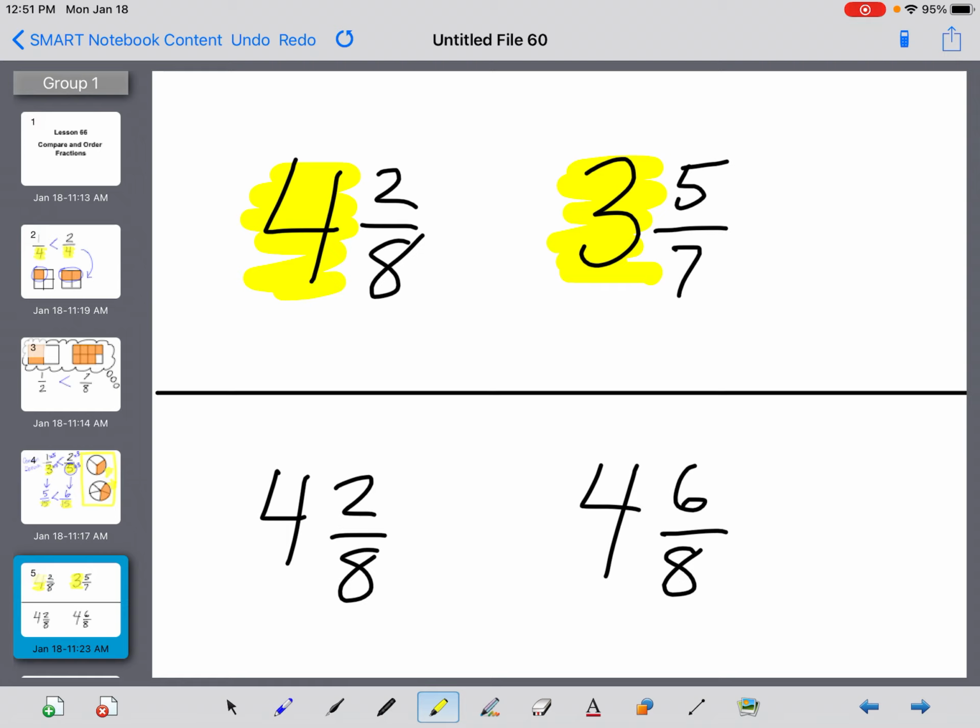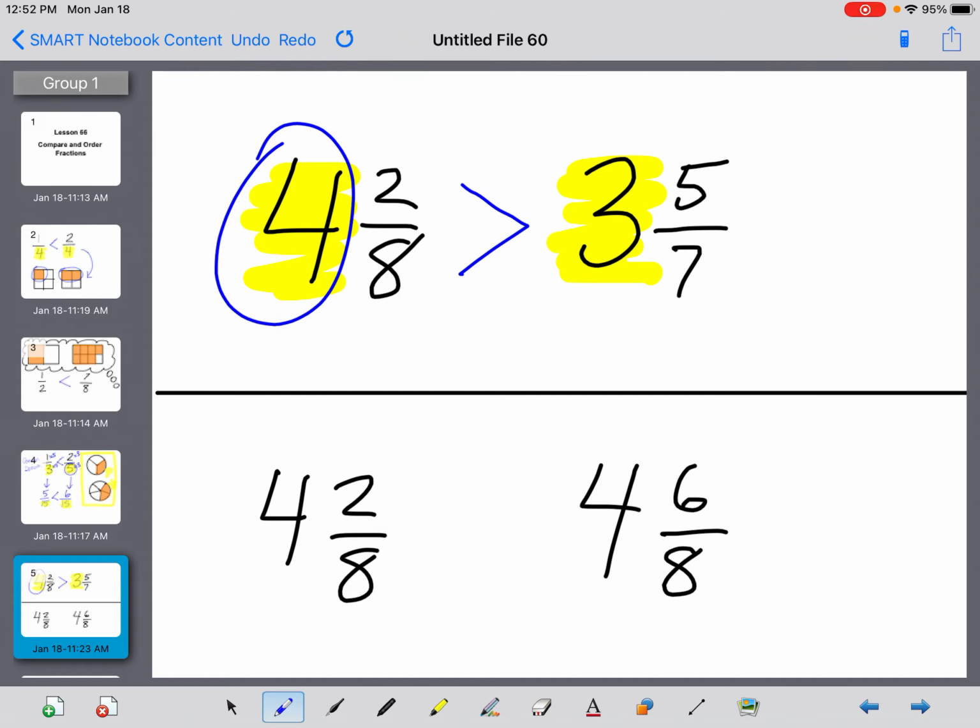By just looking at the whole number, if one number is larger than another, that number is automatically the larger one. 4 and 2/8 of a pizza is more pizza than 3 and 5/7 of a pizza. So you can just start out by looking at that front number. If they're different, automatically the larger one is the one that has the larger number in the front.